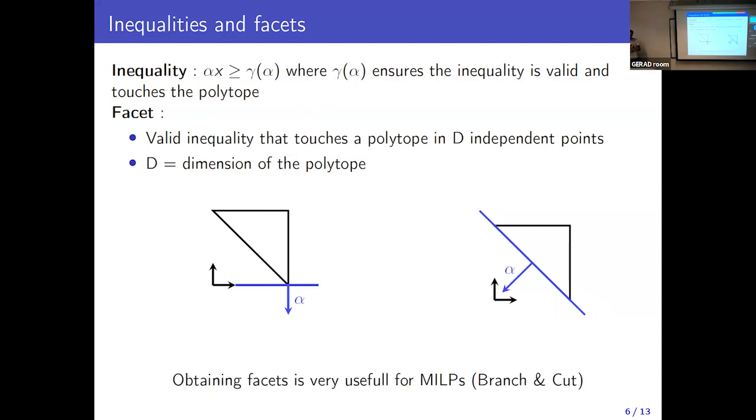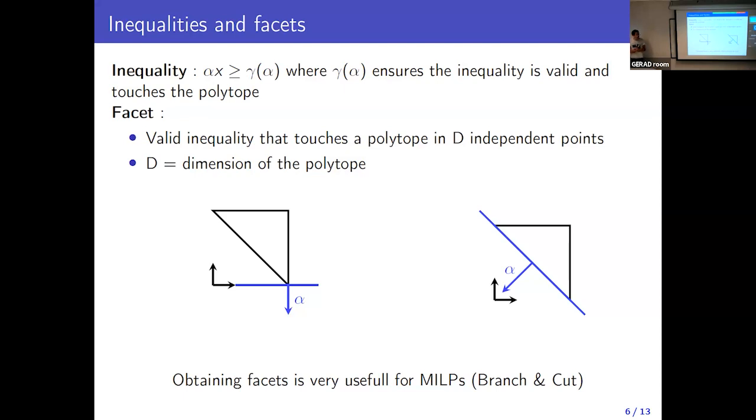And why are we so interested in facets for the polyhedron? In general, for mixed integer linear programs, we tend to use those a lot to solve these kinds of programs in operational research. The main way to do that is branch and bound or branch and cut most of the time. The cutting part in the branch and cut is generating valid inequalities for the polyhedron that you consider.